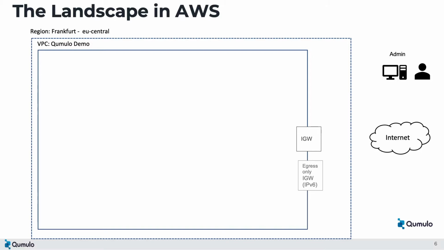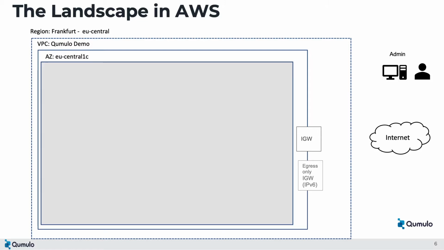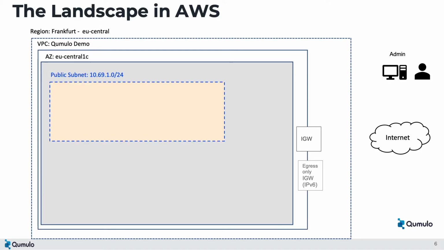Then for some components that have IP version 6 addresses and that want to access the internet from within the VPC, you need an egress-only internet gateway. And then you would pick and choose the zone in which you want to deploy your components. And you would deploy a public subnet for at least a bastion host to which you can connect from the outside world. But in our case, we have some more servers installed in this public subnet.